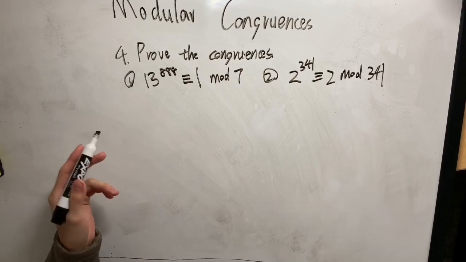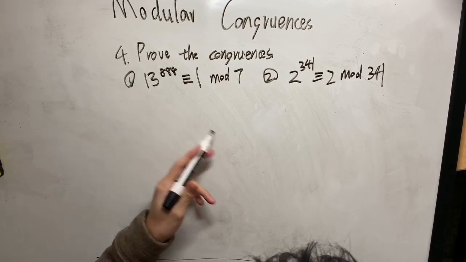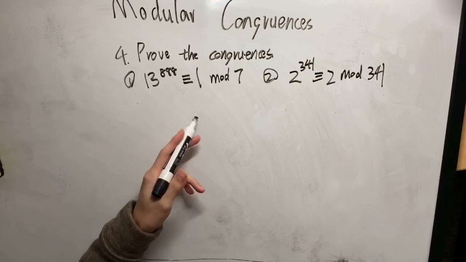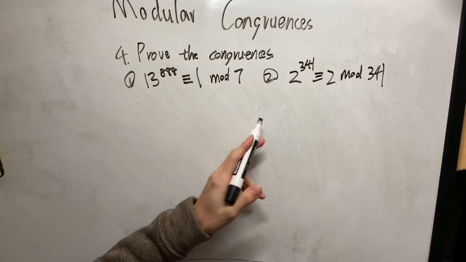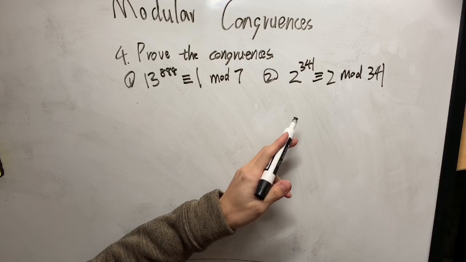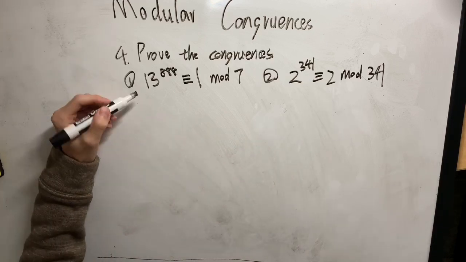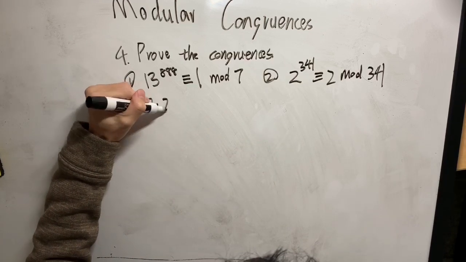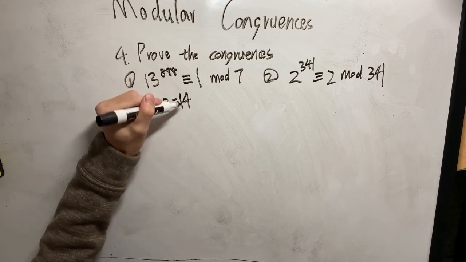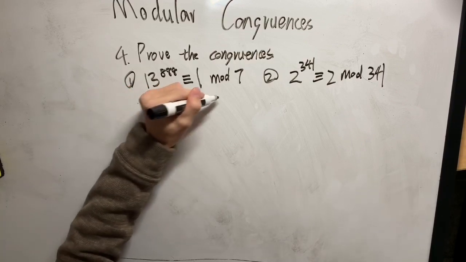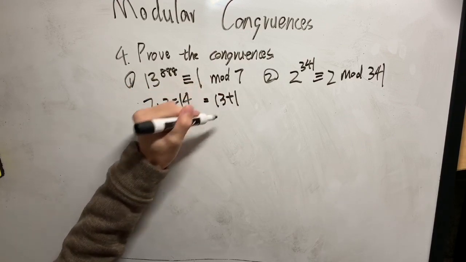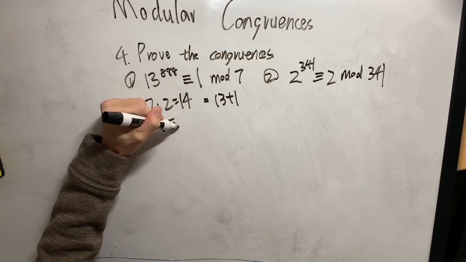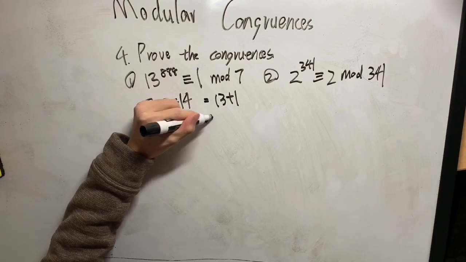Now let's look at the last question. Prove the congruences 13 to the 888 is congruent to 1 mod 7, and 2 to the 341 is congruent to 2 mod 341. So for the first one, we have 7 times 2 equals 14, and 14 is equal to 13 plus 1. Thus, we have 13 is congruent to -1 mod 7.